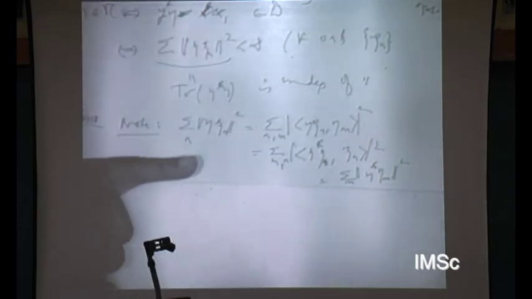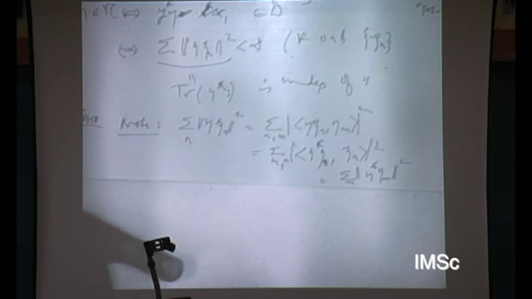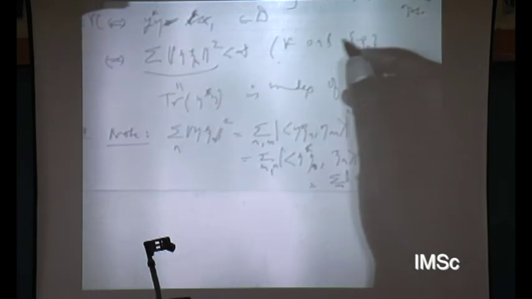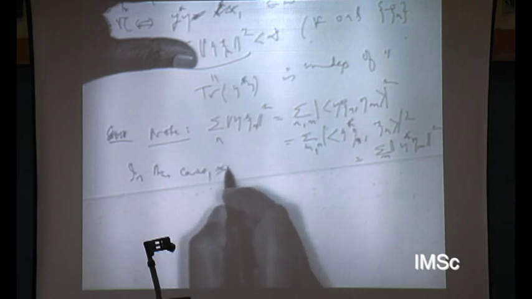So what this has shown is that if y is Hilbert-Schmidt, then y star is also Hilbert-Schmidt. That means this shows that in this case, n equals n star.